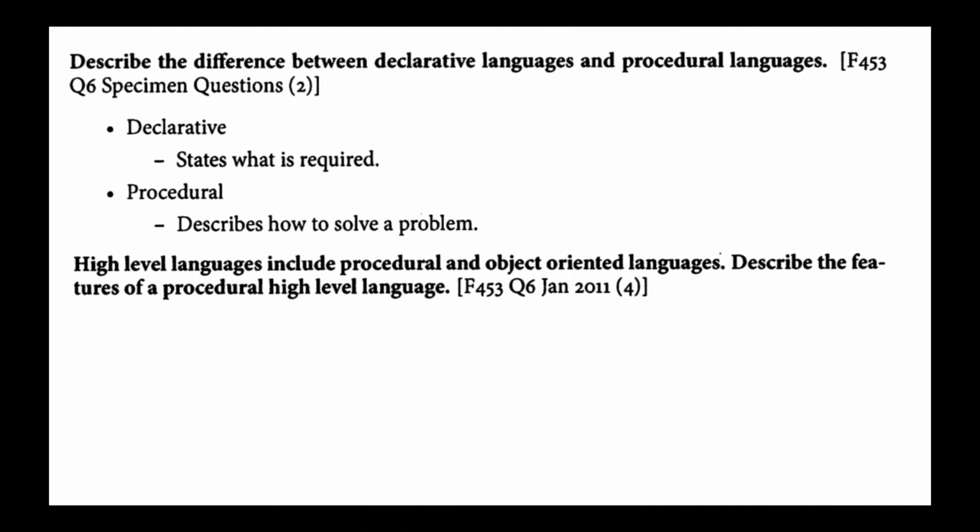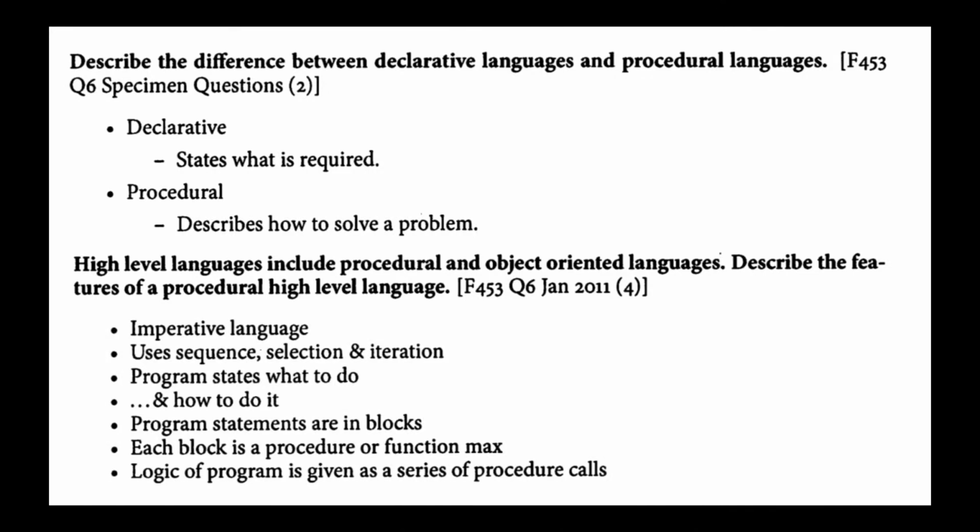Describe features of a procedural high-level language. So high-level languages include procedural and object-oriented languages. Imperative language uses sequence, selection, and iteration.